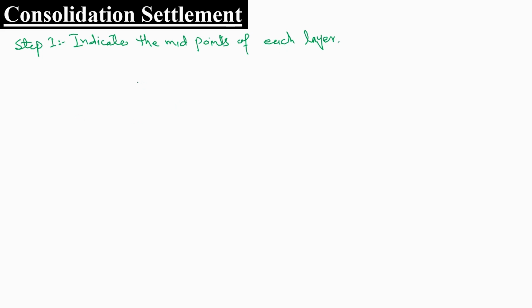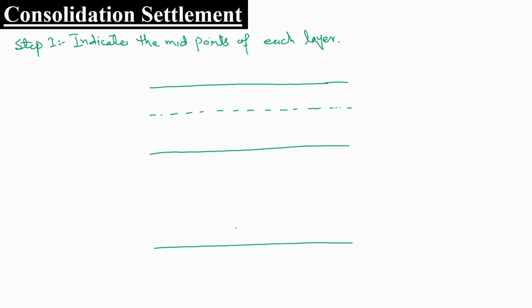I will do it in this step to make you understand everything. Let us say this is the surface, this is the water level, this is the end of the sand, and this is the end of the clay layer.